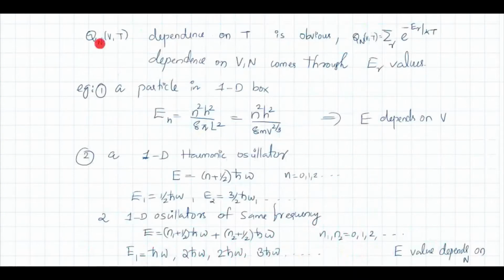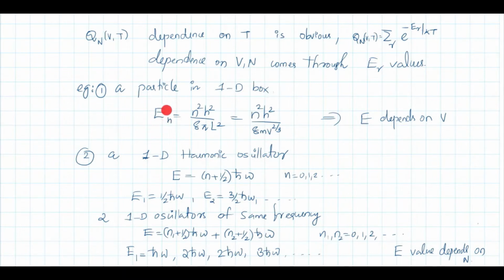Now, Q_N(V,T): its dependence on T is clear from the expression itself because it contains e raised to minus Er by kT, so there is T explicitly. The dependence on N and V comes through the energy eigenvalues. To explain that, consider a particle in a one-dimensional box as your system.